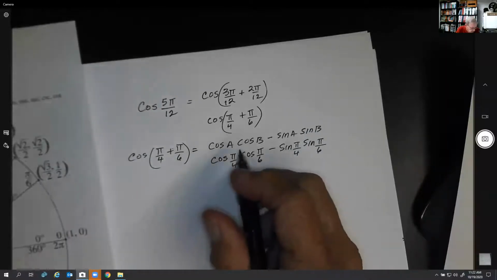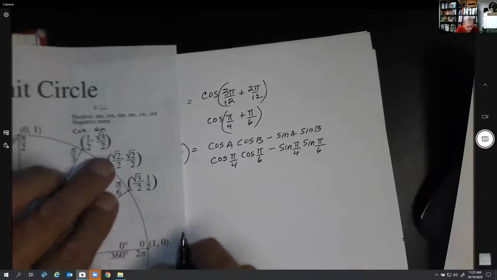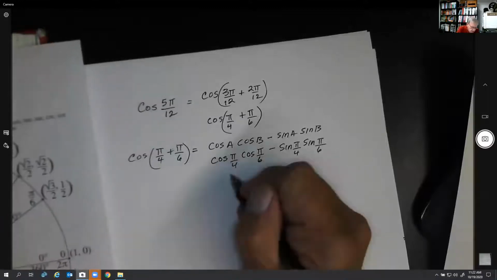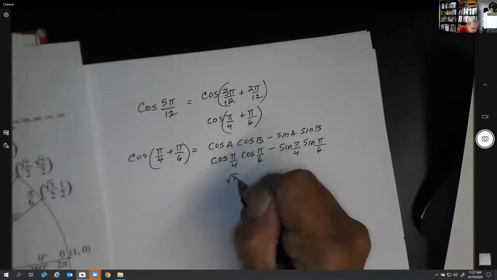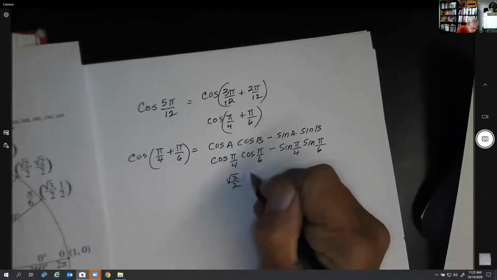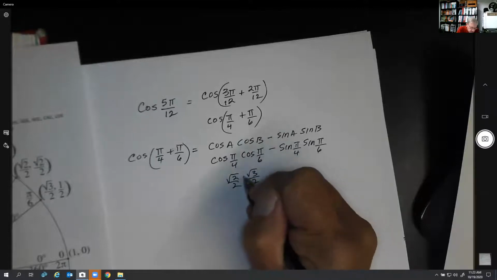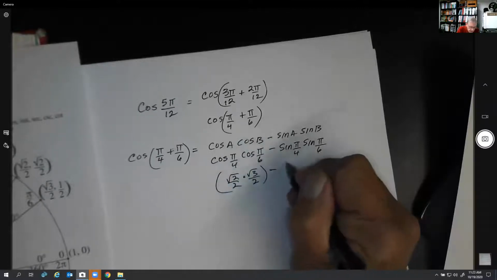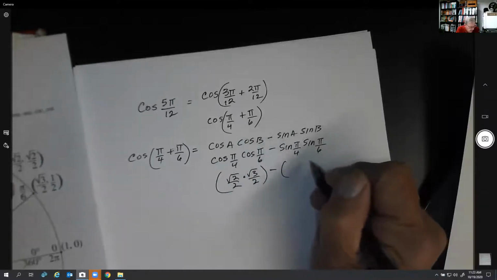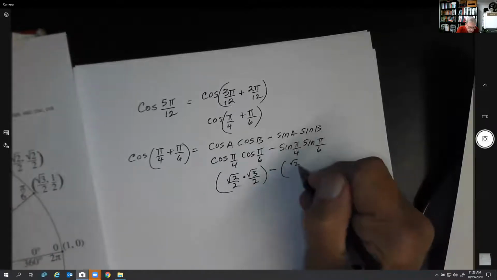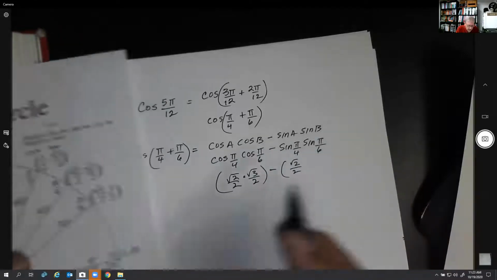Okay, and then we substitute in. Here's your pi over 4, here's your cosine, the first one's radical 2 over 2, and pi over 6 is radical 3 over 2, and we're multiplying these. Minus sine is the back one, radical 2 over 2, and 1/2.